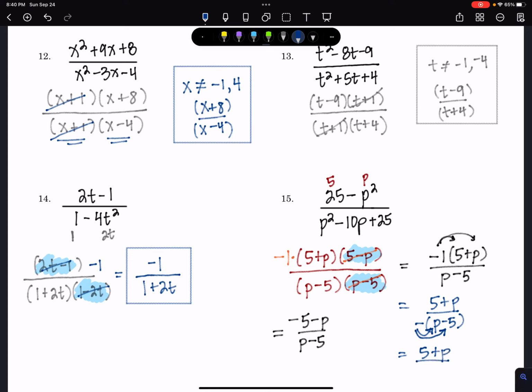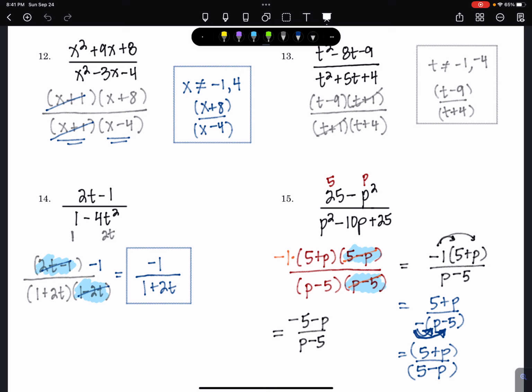p will become negative, and negative 5 becomes positive. So I'm going to put the positive 5 first, minus p. Now, as much as you might want to cancel out those 5s, the factor in the numerator is 5 plus p, and the one in the denominator is 5 minus p. Now, these are not the exact opposites of one another.